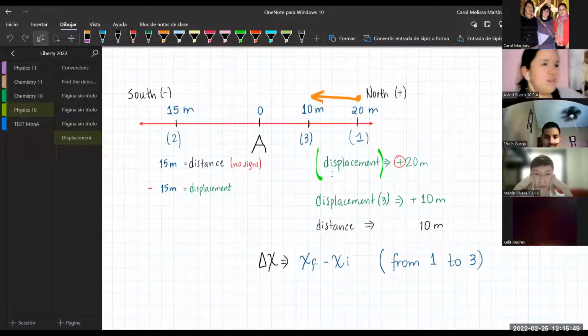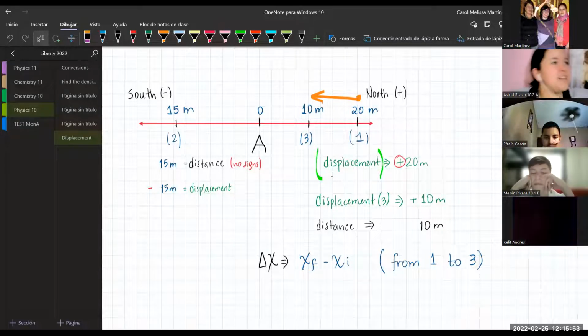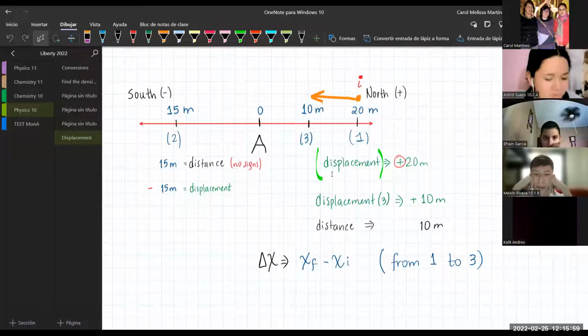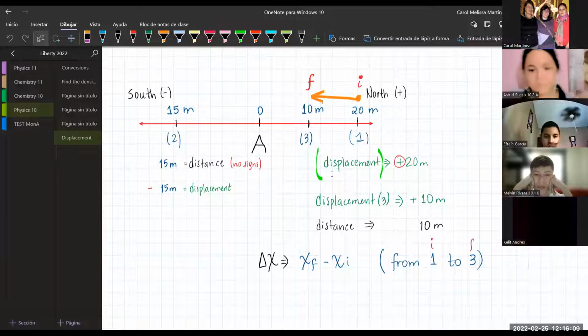My starting point, the point in which I will start walking. It is the position 1 in this case. And the position 3 is going to be my final position. So from 1 to 3, 1 is going to be my initial position and 3 is going to be my final position. That is important that you guys get to do this.